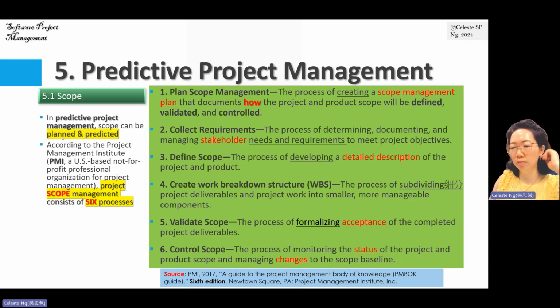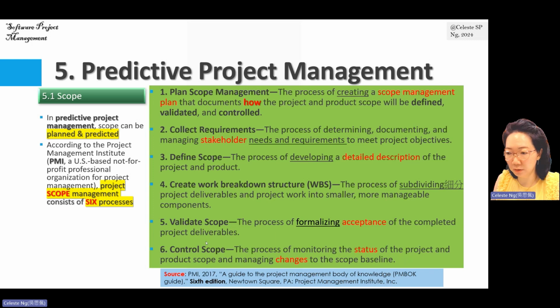Validate refers to formalizing the acceptance of the completed project deliverables, whereby you have the user evaluate, confirm, and accept the completion of the deliverable. This is what we mean by validate.